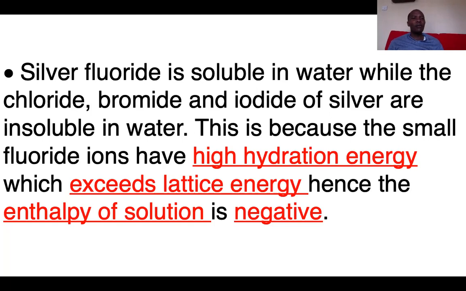So to confirm a chloride, a bromide, or an iodide, I can use silver ions. I mix and I get a precipitate, either white or bright yellow. But for the fluoride, nothing will happen because silver does not precipitate with the fluoride. So we know that very well now.